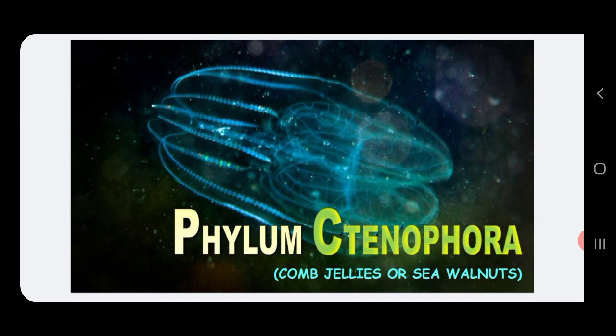Another feature of this phylum is the presence of a coelenteron, or gastrovascular cavity, with a single opening, the mouth, which is surrounded by the hypostome. Digestion is extracellular. About reproduction, both sexual as well as asexual reproduction take place.